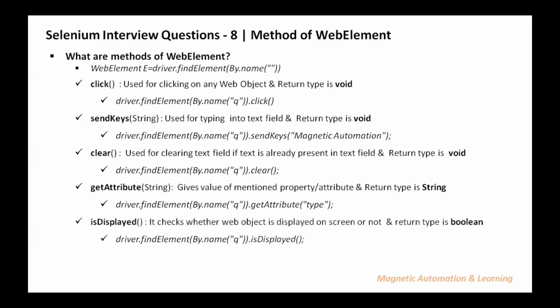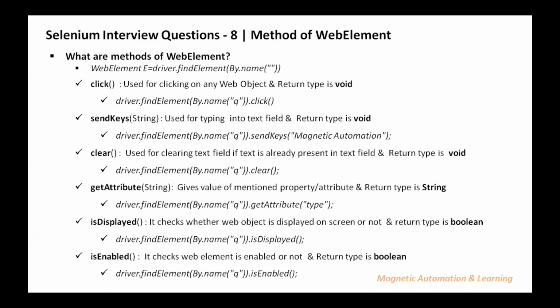Now next method is is displayed. It checks whether the web object is currently displaying on the screen or not, and the return type is boolean. So it will return either true or false. If it is displaying on the screen, it will return true, and if it is in the background, it will return false.